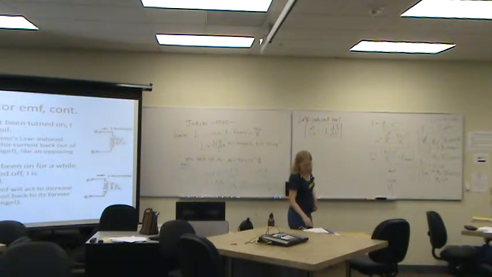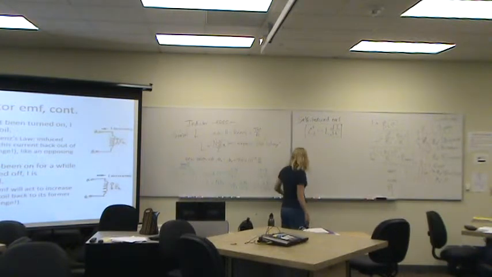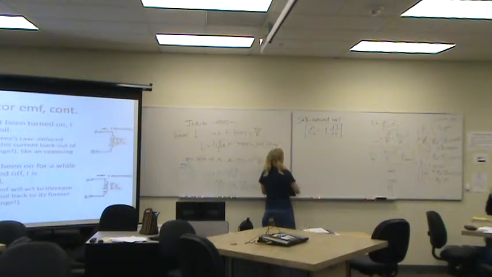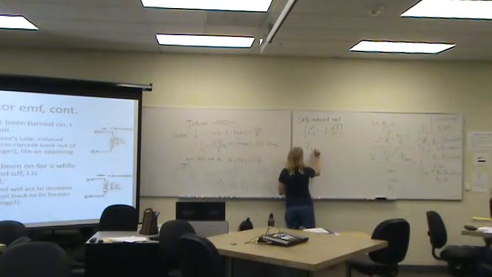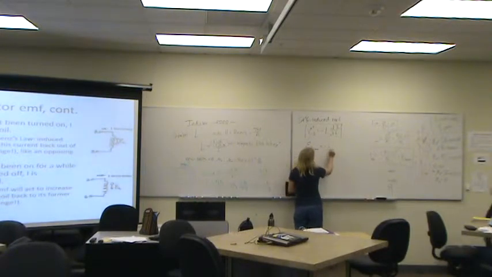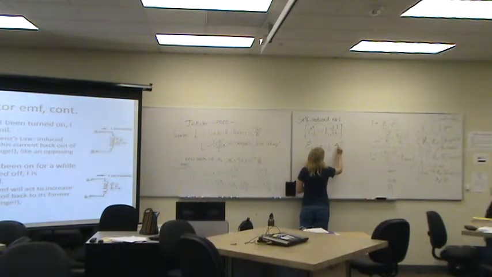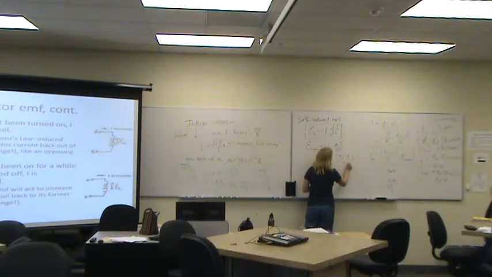And then if we treat this like an average EMF, you could call this delta I over delta T and make that I final minus I initial over the change in time.